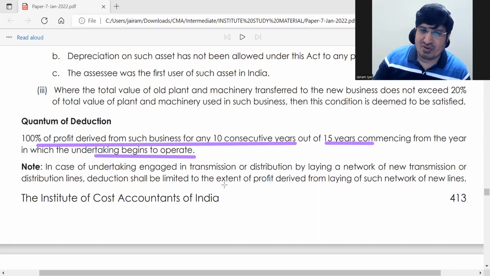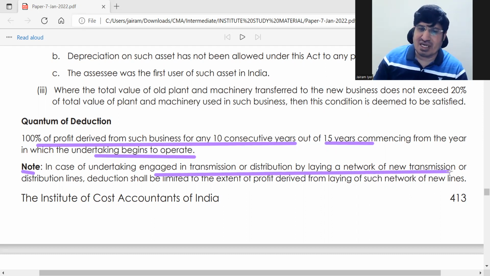And here is one note. If it is engaged in transmission or distribution by laying a network, that is doing transmission work, that means the business is already existing.